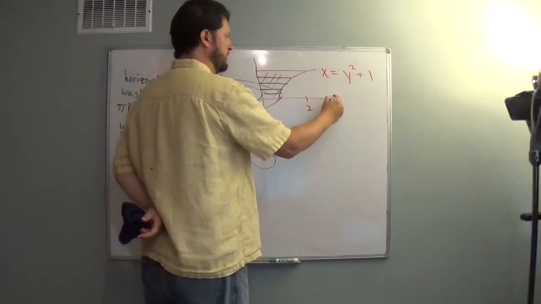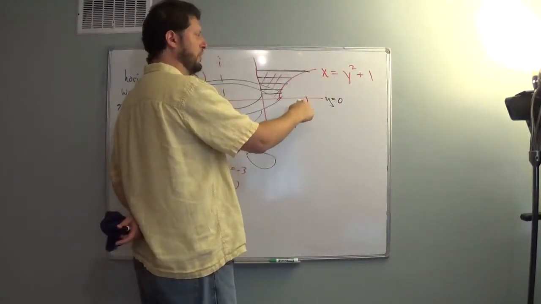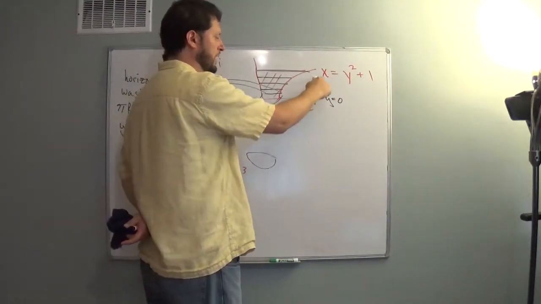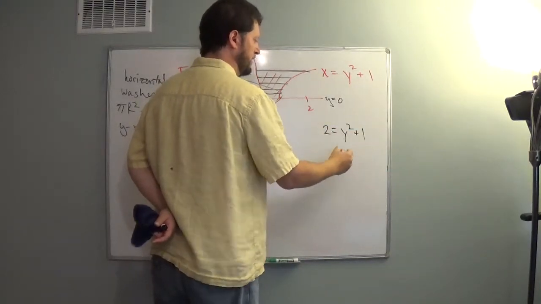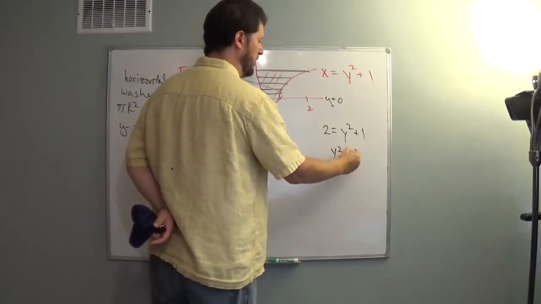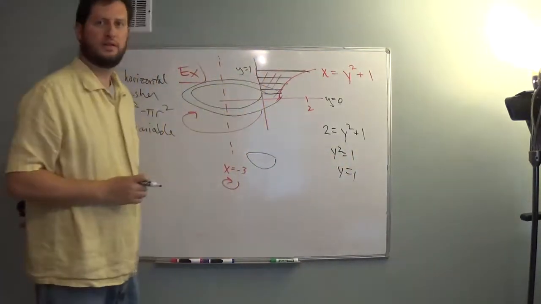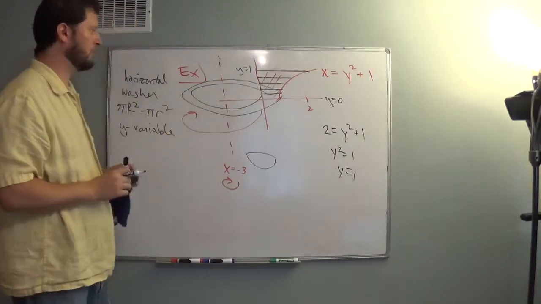This is y equals 0, and this is whatever I get when I plug 2 in for x. If x is 2, then I plug 2 in for x, and I get y squared plus 1. So I get y squared is equal to 1, so that y is equal to 1. So we may have to do some solving to figure out our limits of integration depending on what the variable is.